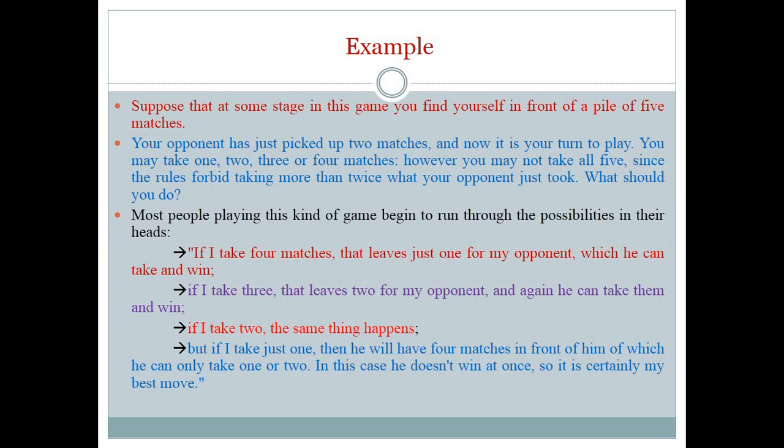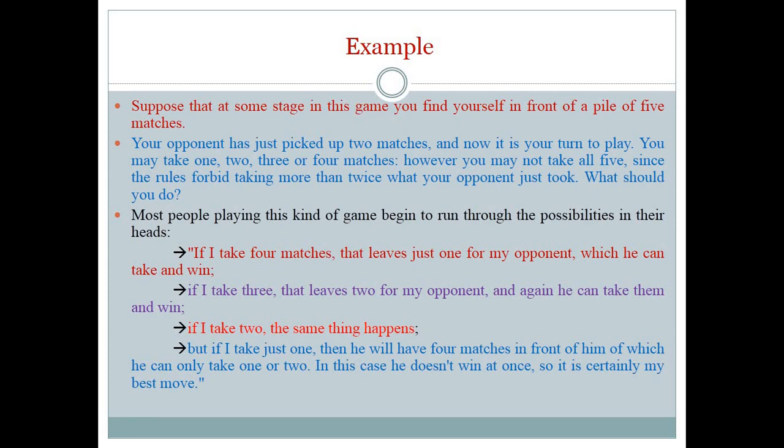Most people playing this kind of game begin to run through possibilities in their minds. First, if I take 4 matches, that leaves just one for my opponent, which he can take and win. Second, if I take 3, that leaves 2 for my opponent and again he can take them and win.